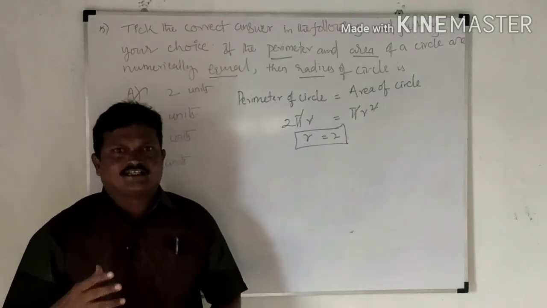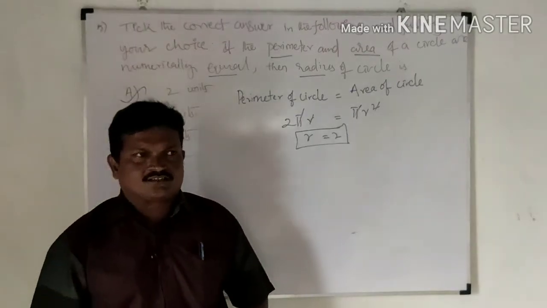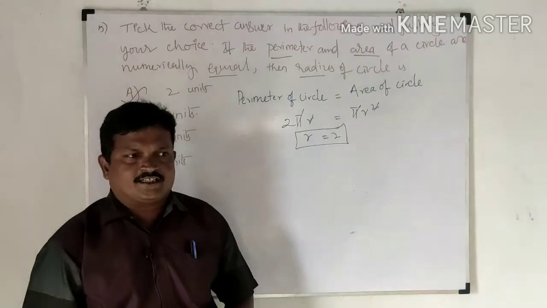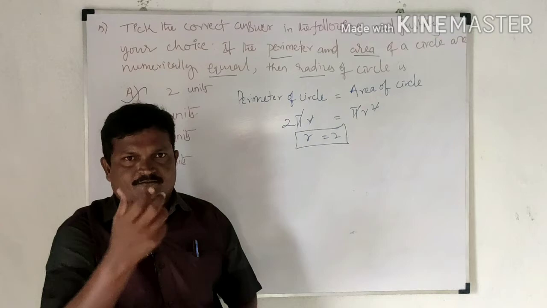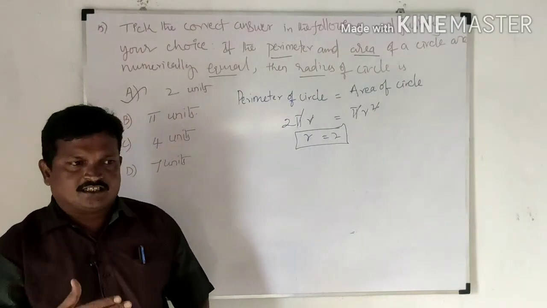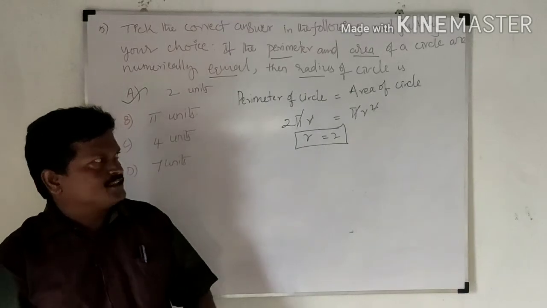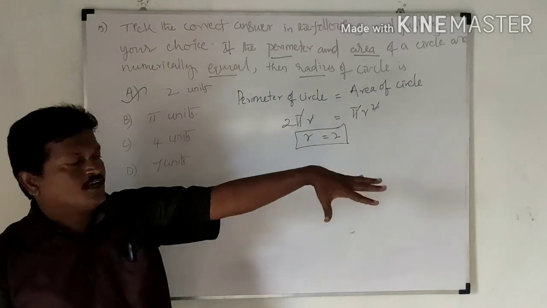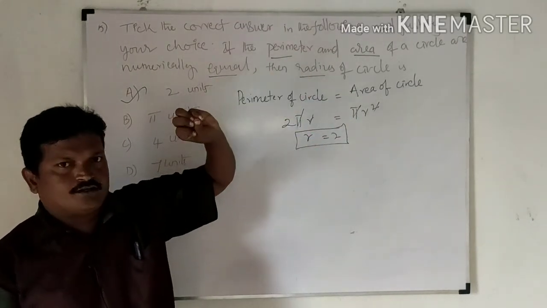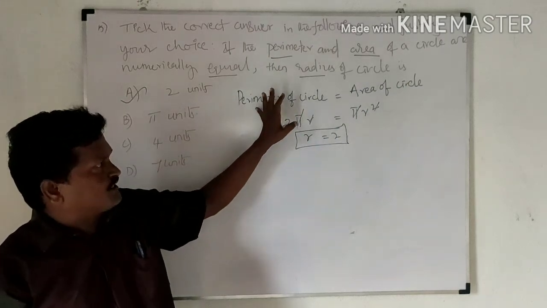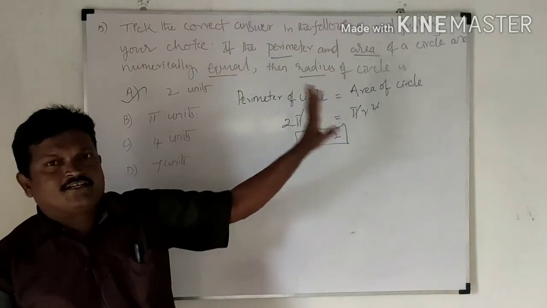How many types are there in segments and sectors? There are two types: minor segment, major segment, minor sector, major sector. Those coming topics are very important. In this exercise we covered only problems based on circumference and area of the circle.